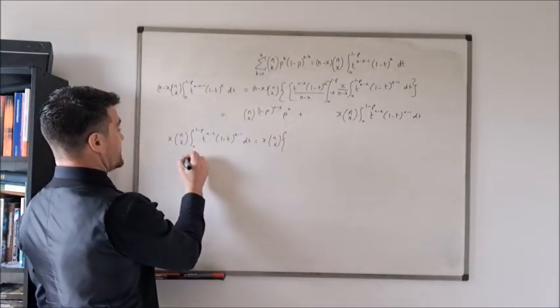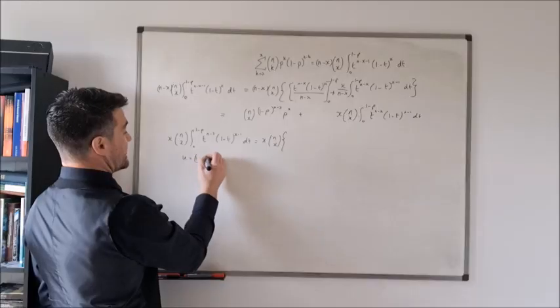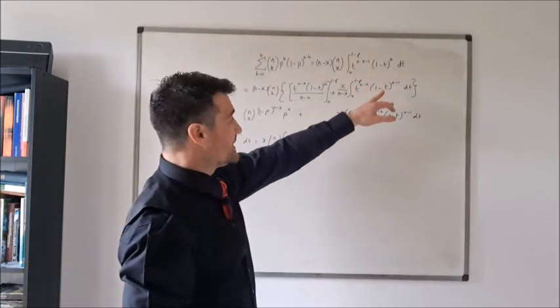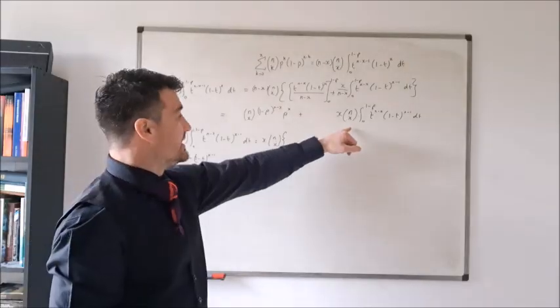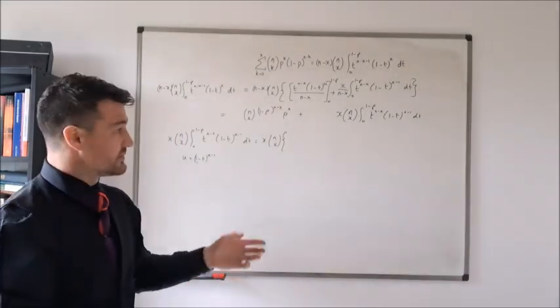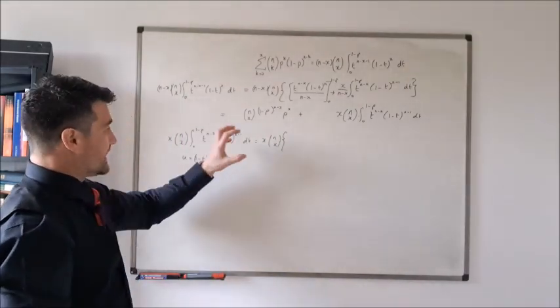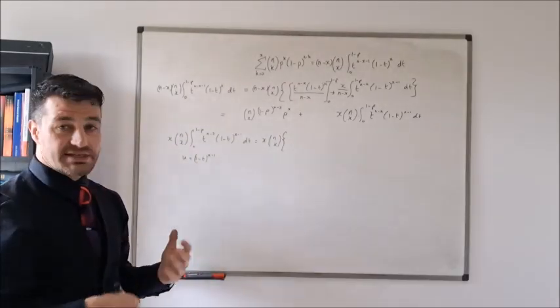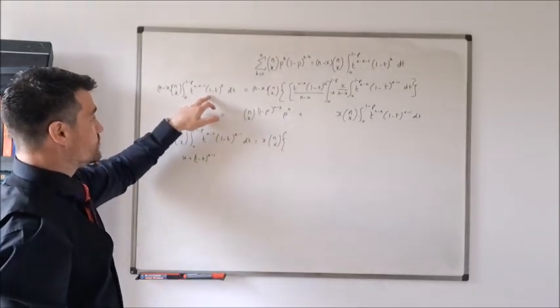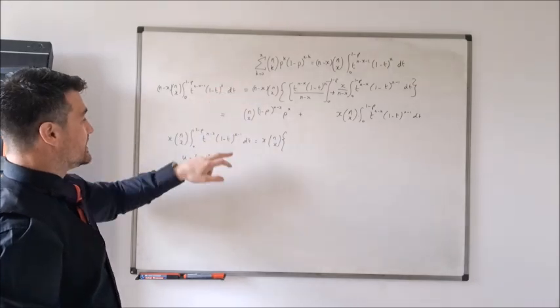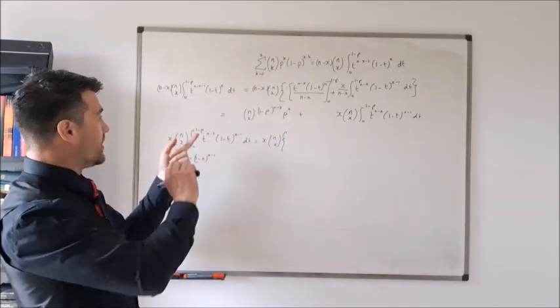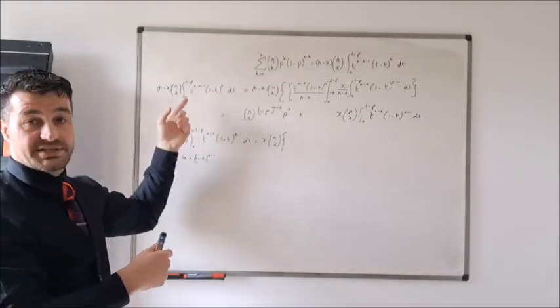So u equals 1 minus t to the power of x minus 1. Because I differentiated the 1 minus t bit the first time round, I need to keep going in that direction. So again, assigning the u and the dv by dt, there's got to be some consistency there. I differentiated 1 minus t to the power of x here. I need to differentiate the 1 minus t to the power of x minus 1, because if I don't, all that will happen is I just end up back where I started.